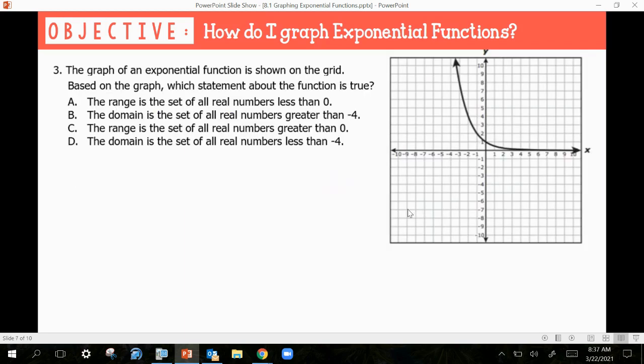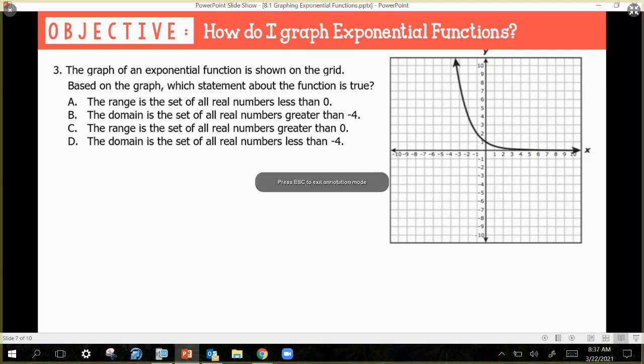All right, number 3, the graph of an exponential function is shown on the grid. Based on the graph, which statement about the function is true? If I'm reading my answer choices, I see they're all asking about domain and range. I know that domain, I read from left to right. And I see there's an arrow going to the left, an arrow going to the right.